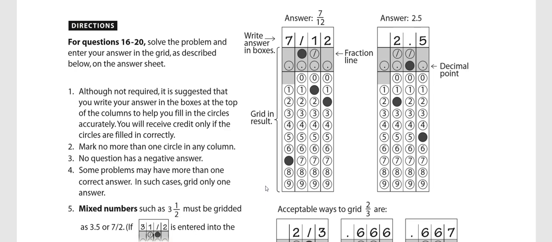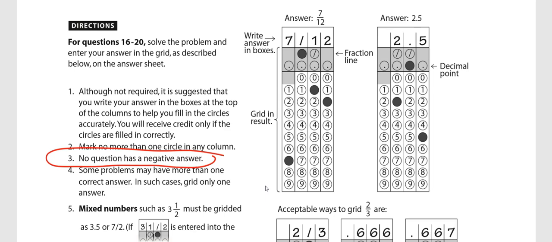Mark no more than one circle in any column. Okay, you guys know that. I mean, how many of these things have you filled out before? Did you know that none of the answers are negative? Okay, I think that's important. Because if you come up with a negative answer, go back and fix it.